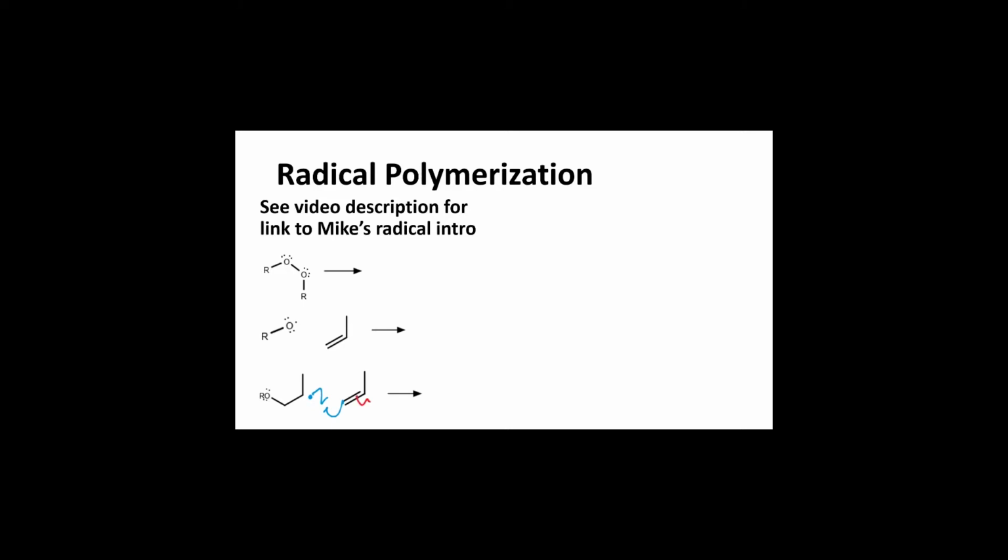And what you might note that comes out of this is that we end up forming yet another radical. In this process, we continue our reaction, so on and so forth, and we would encounter another alkene. The odds that we would encounter another radical initiator, another RO radical, are very, very small.